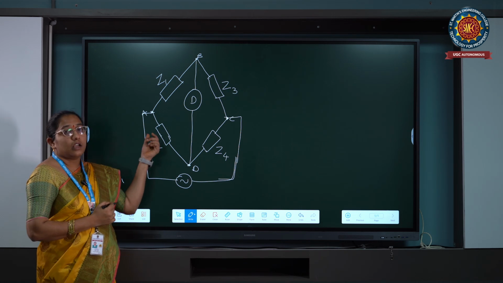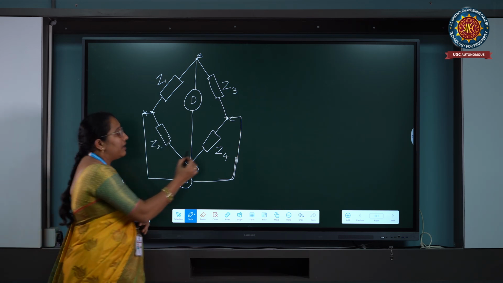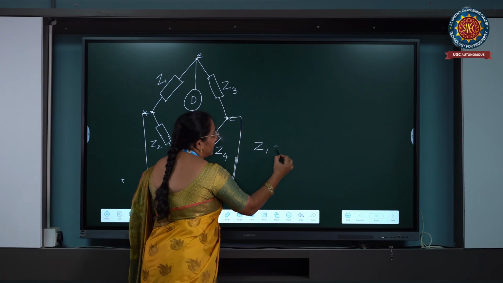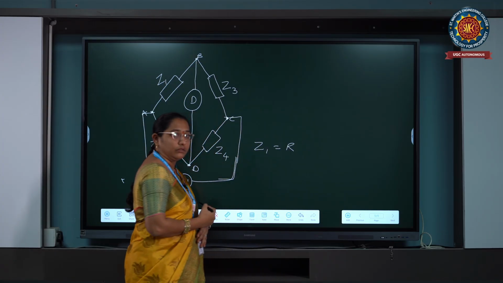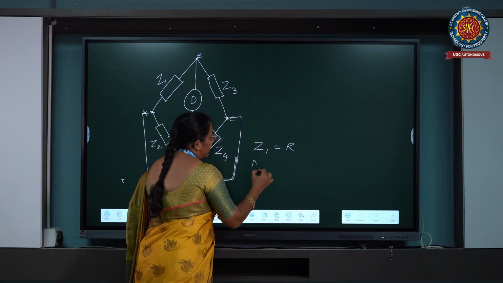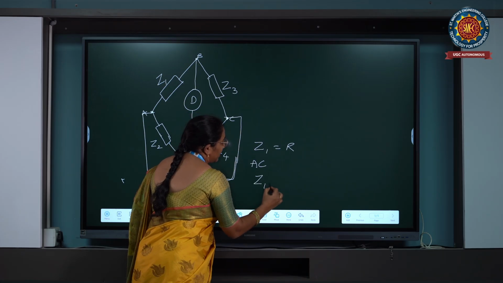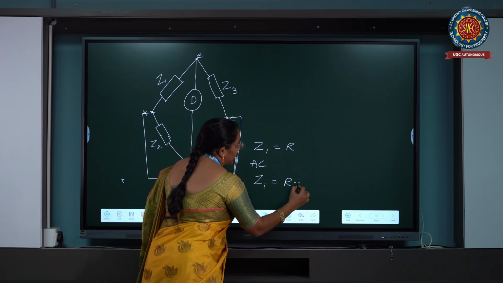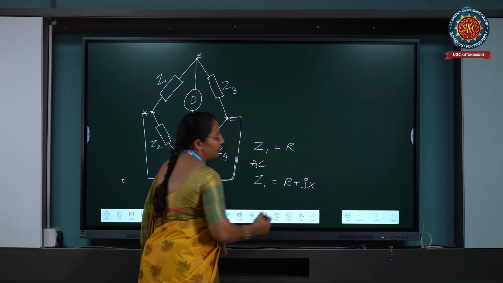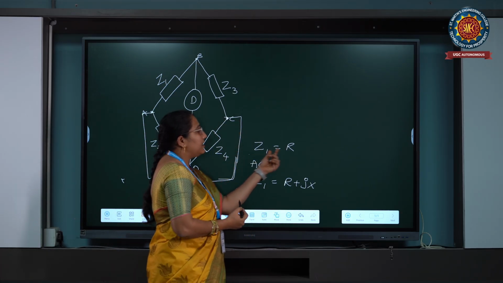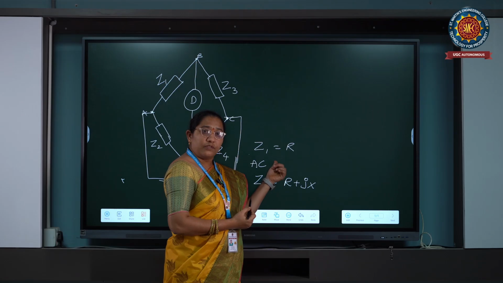Here in the case of DC bridges, Z1 is denoted as R. In the case of AC, Z1 is R plus jX. Why? Because in DC we do not have frequency, right?